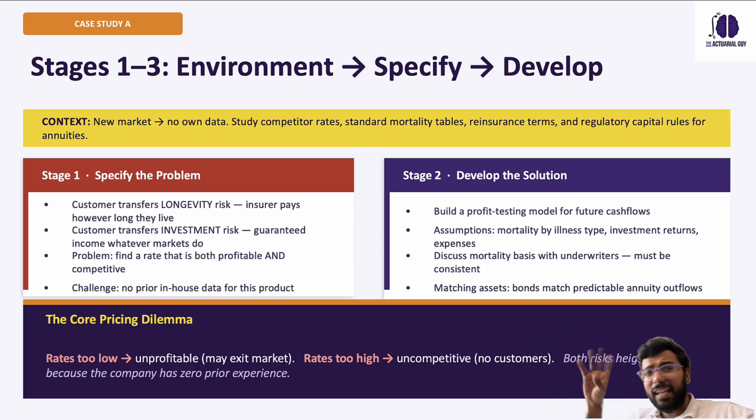So they need to ensure that the mortality of these people is high enough that we can offer them such high annuity rates, and most of them will probably die very soon. If the underwriting team does not ensure this, and the mortality of the people coming into the cohort of annuitants, the people we are selling this policy to, is very different from the mortality basis we assumed in pricing, then this can lead to adverse outcomes for us.